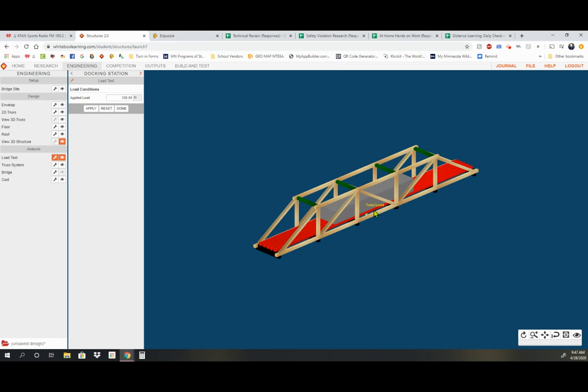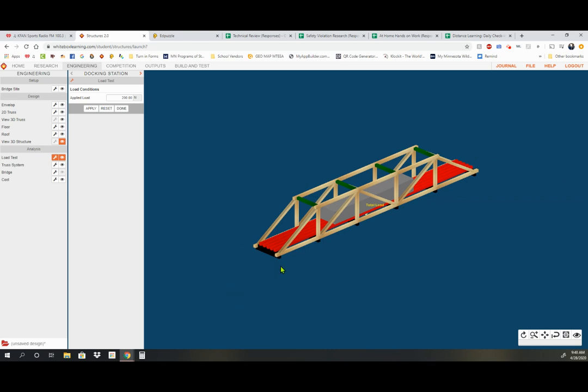bridge. Now, during the competition, you'll see this in future videos, you're going to have monster trucks drive over your bridge. And each monster truck, as it progresses through, is going to be a higher Newton monster truck. So it's going to start at a 100 Newton monster truck.